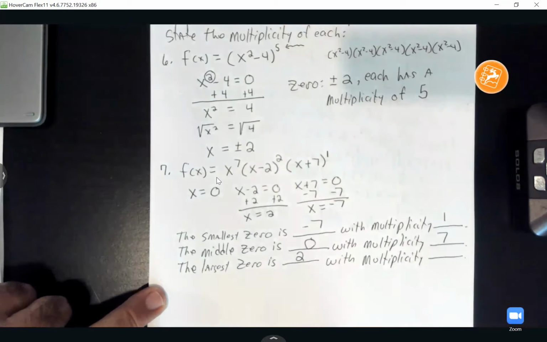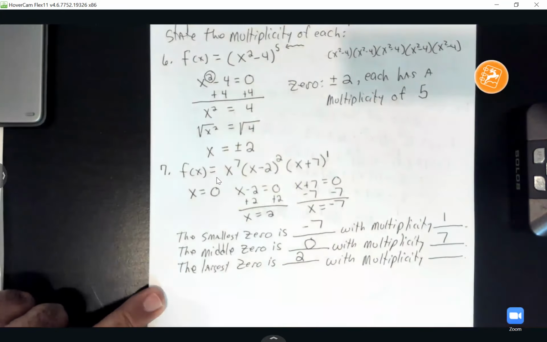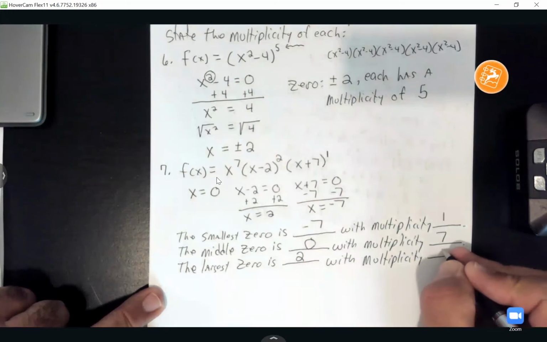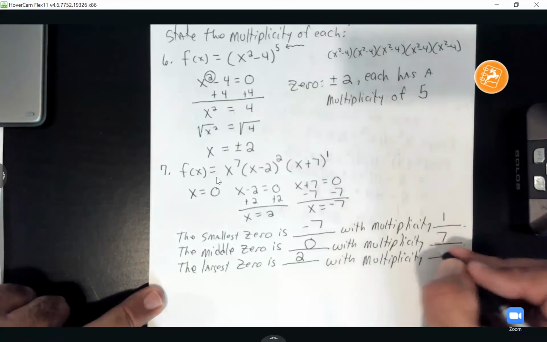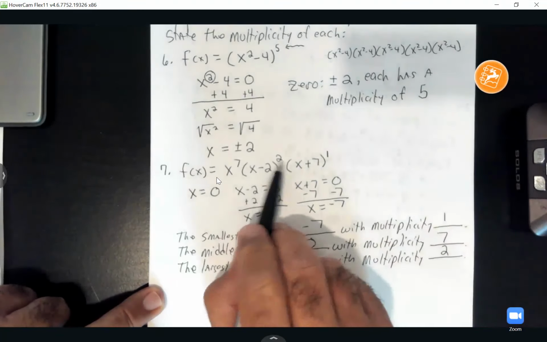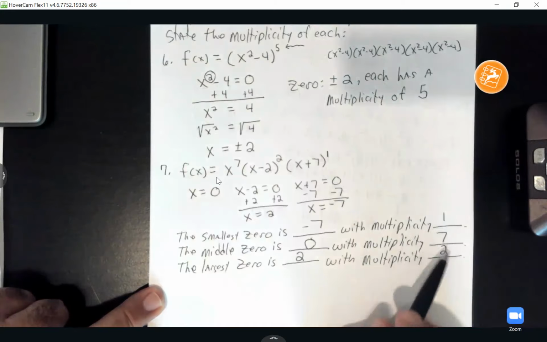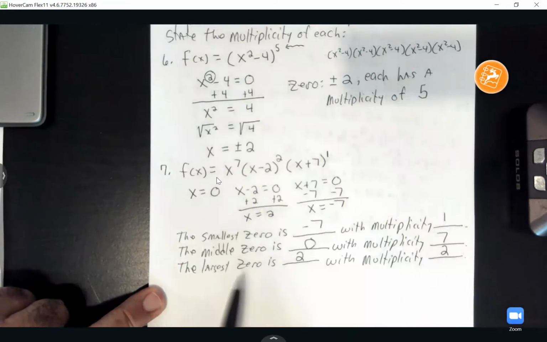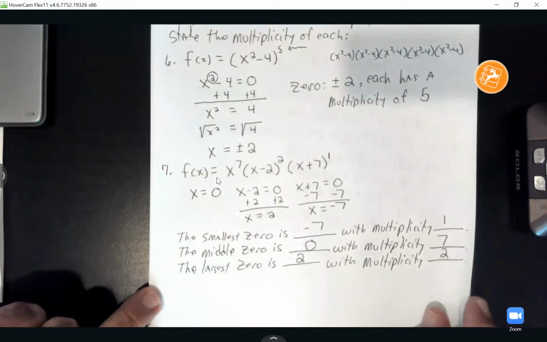And it had a multiplicity of 2. There you go. Remember, exponents are going to equal these multiplicities. The factors are going to give me my zeros, okay?